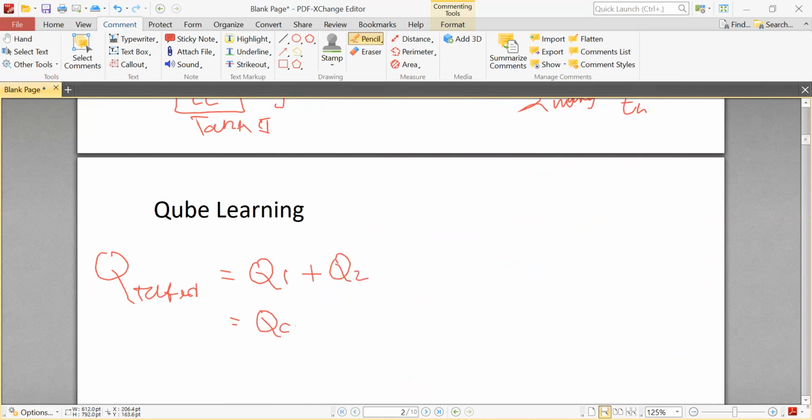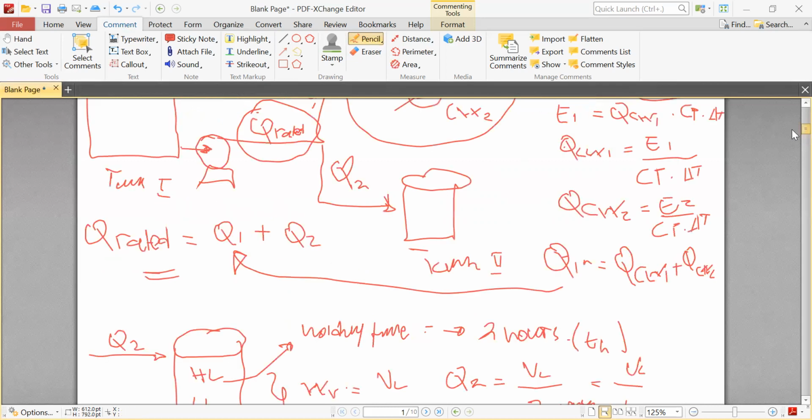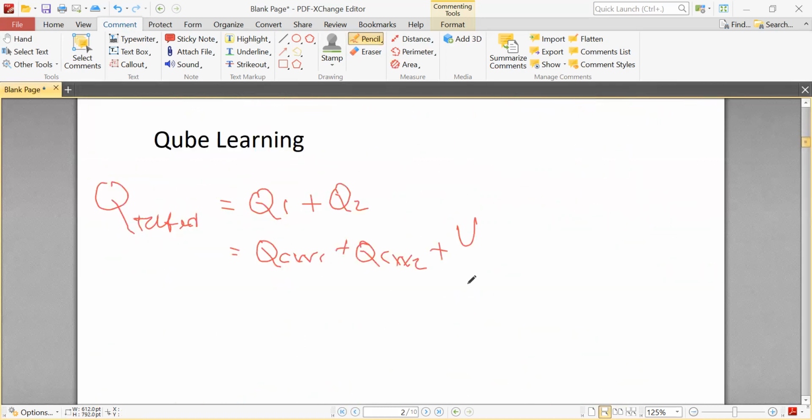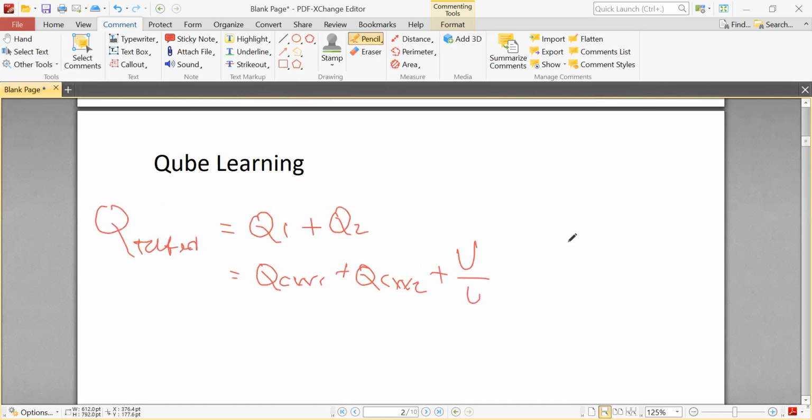Q1 is Q GV1 plus Q GV2, plus V, the working volume of the tank number 2, over the total holding time that you have specified in your project specification. Okay, so I think this is the Q rated.